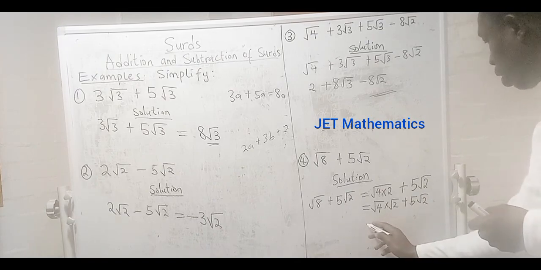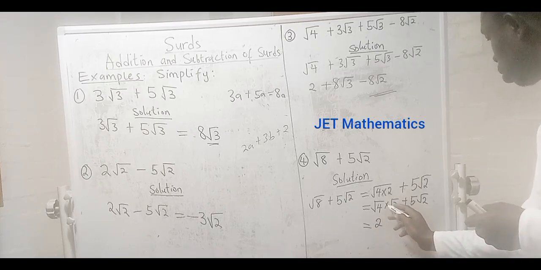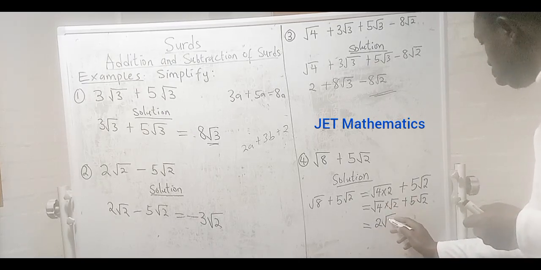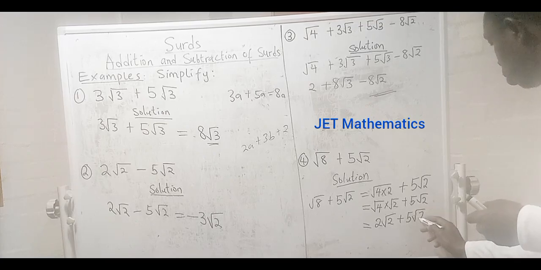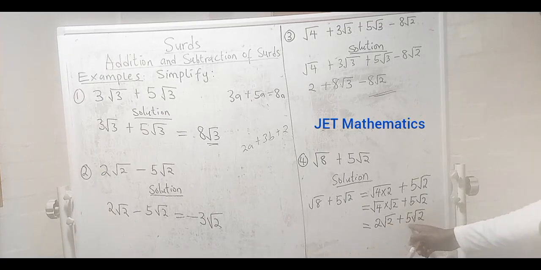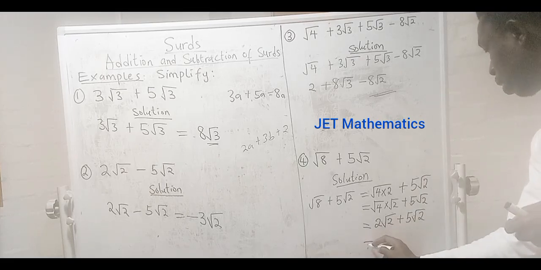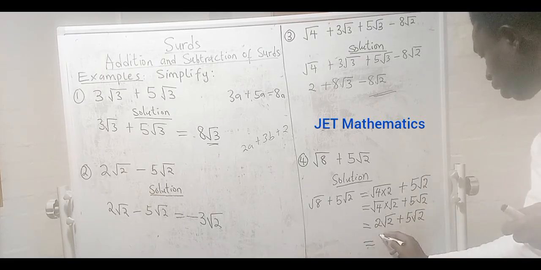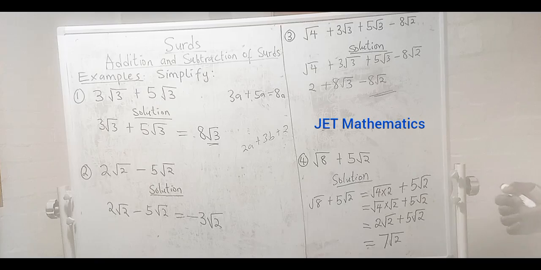So when you break this, you have 2 times root 2, that is 2 root 2, plus 5 root 2. So you now see that they are similar surds. So we can simply add them, 2 plus 5, that gives us 7 root 2. Alright, so that's the solution to that problem.